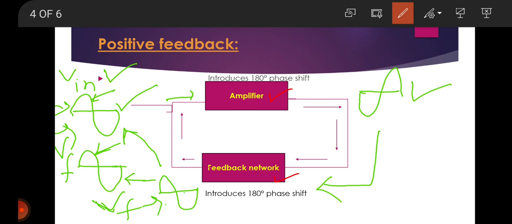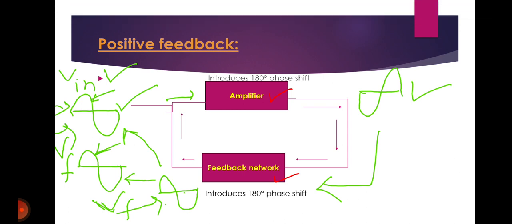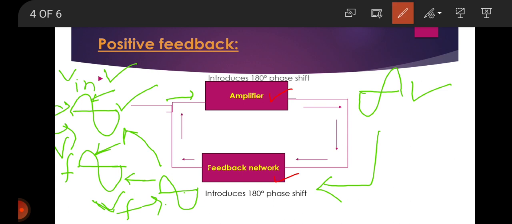That is, positive peak corresponds to positive peak and negative corresponds to negative peak. Therefore, this is the positive feedback. This is used in oscillators.